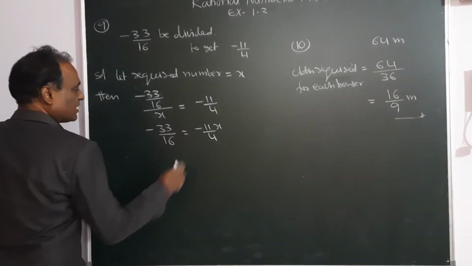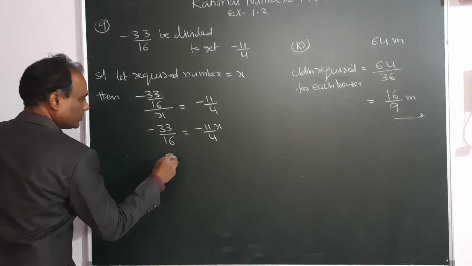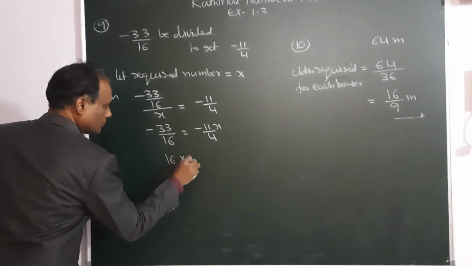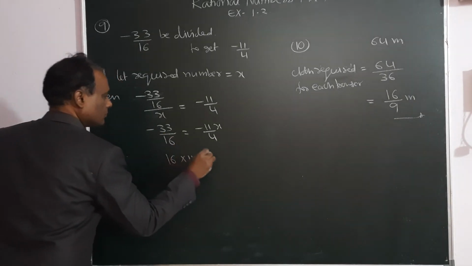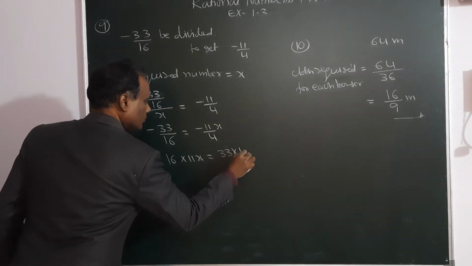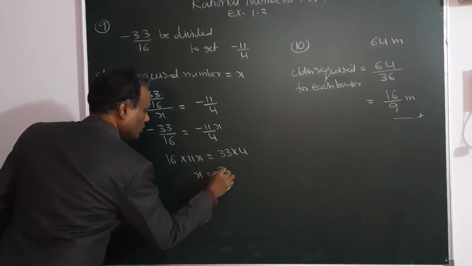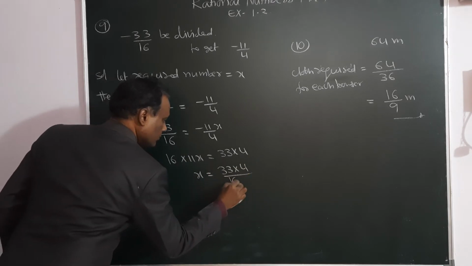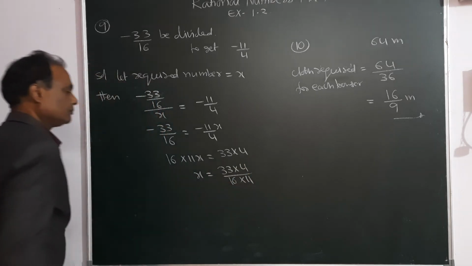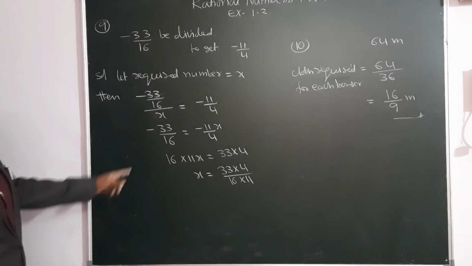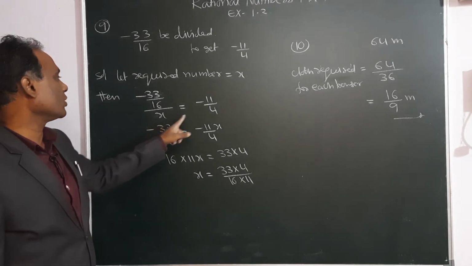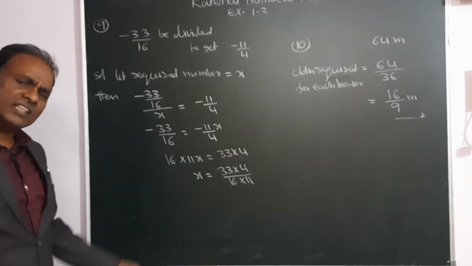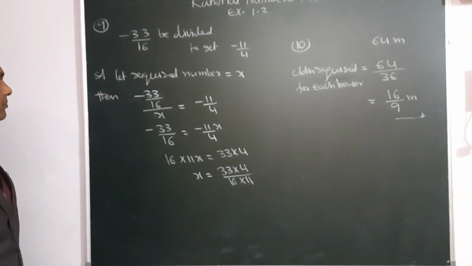Minus minus cancel, cross multiplication. x is equal to... the x in the denominator will go up. Again, this concept I will explain in the second chapter.